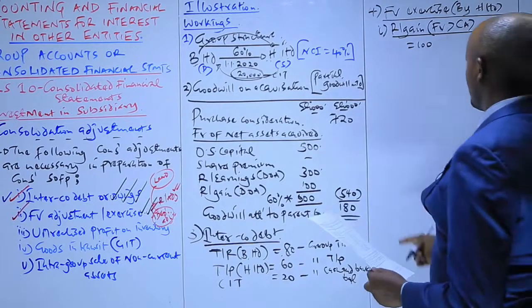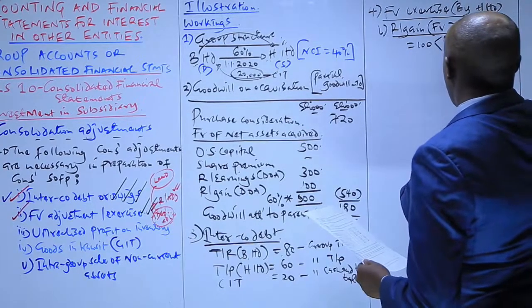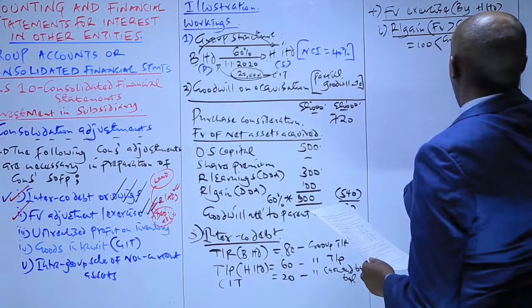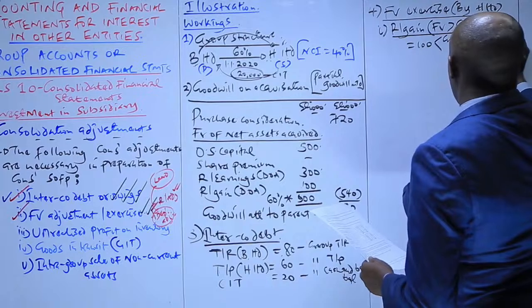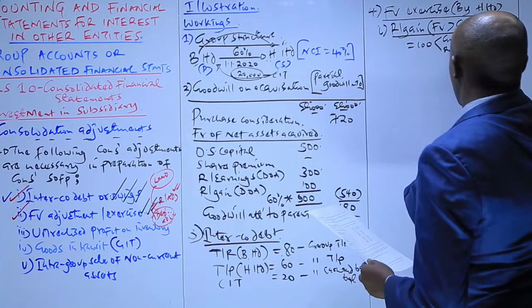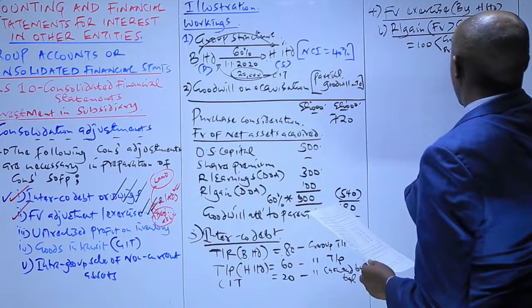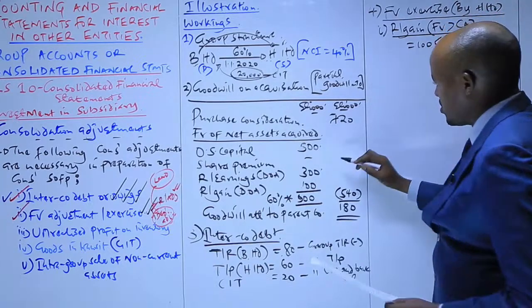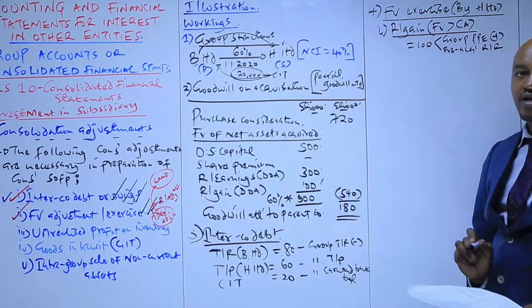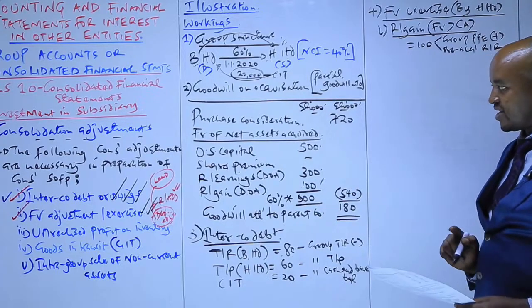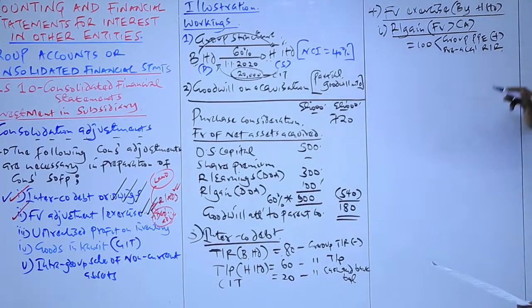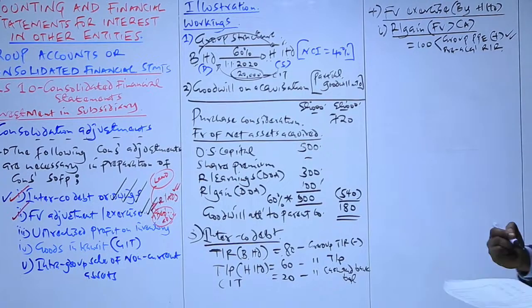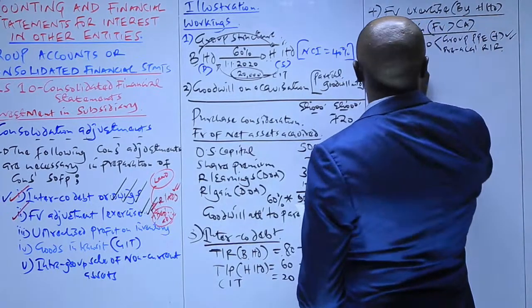This is a revaluation gain. So this one, number 1, will be added to the group property, plant and equipment. And number 2, we treat it as a pre-acquisition revaluation reserve, therefore use it in the computation of goodwill. That's exactly what you have done there. So the only remaining adjustment when preparing our consolidated statement of financial position is that we are going to add it to the group PPE.